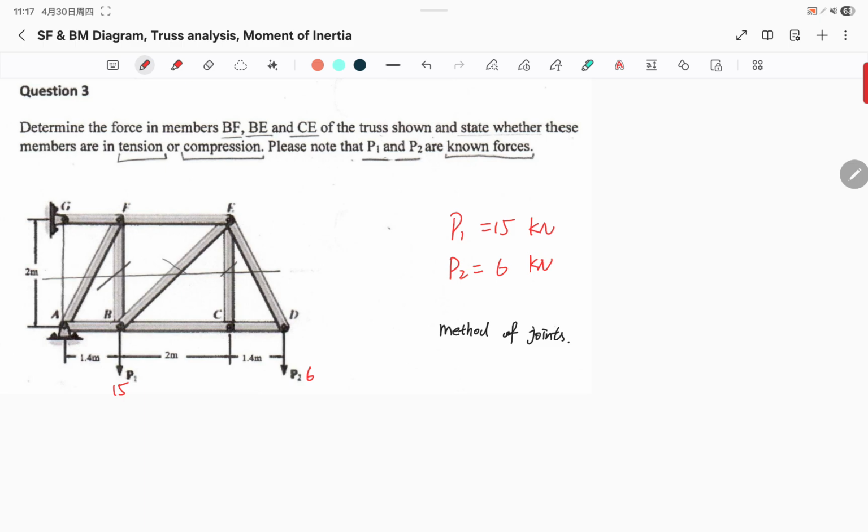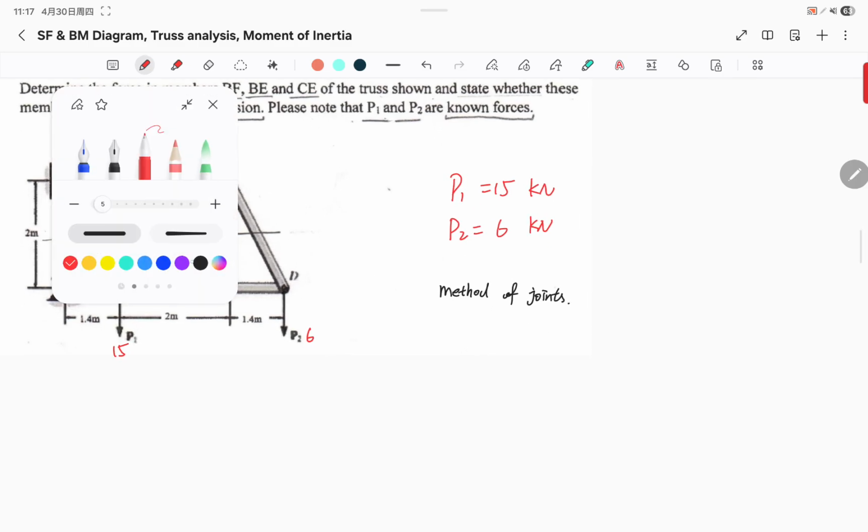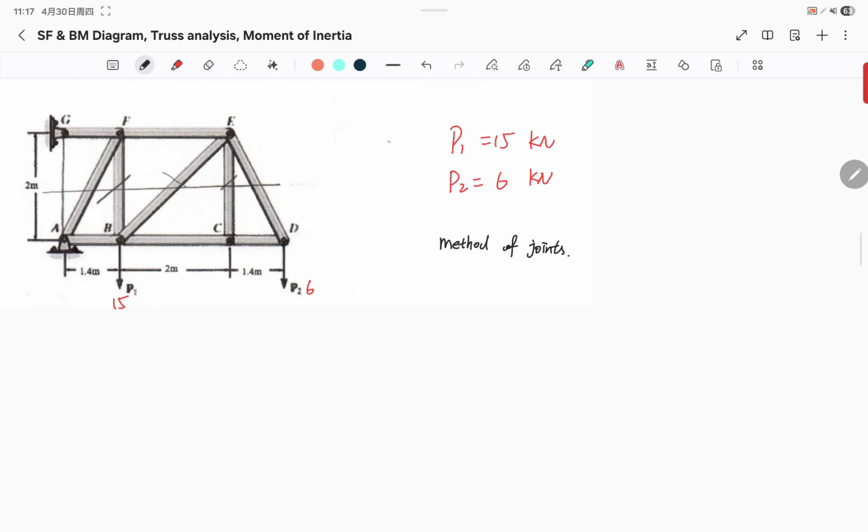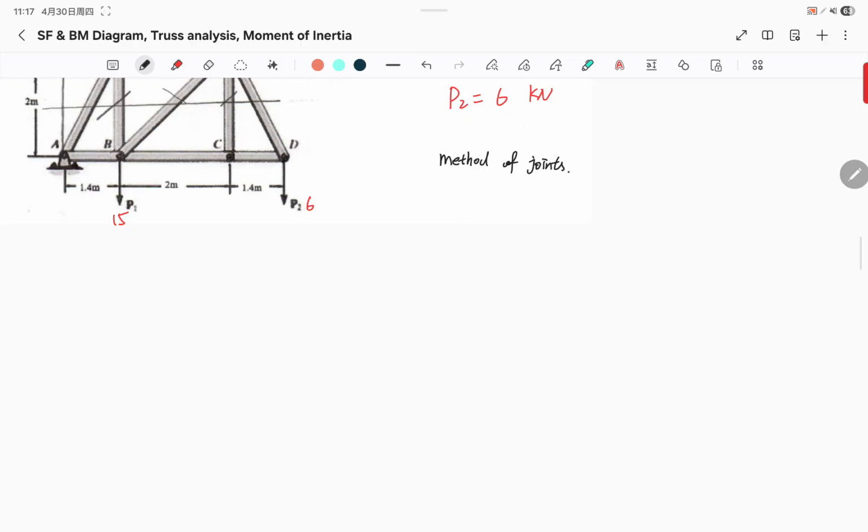Since at joint D we only have 2 members with unknown forces, I feel like we don't have to do the old school way, which is always to find the reaction forces at the supports as step 1. In this case, I can just start figuring out the reaction at D. So let's draw the free body diagram at joint D.